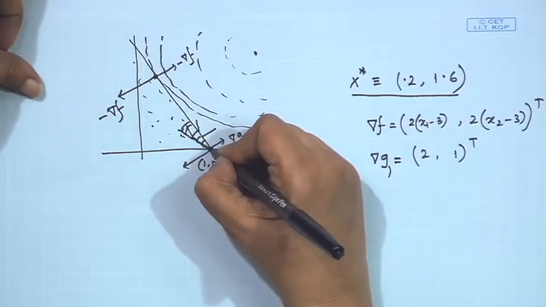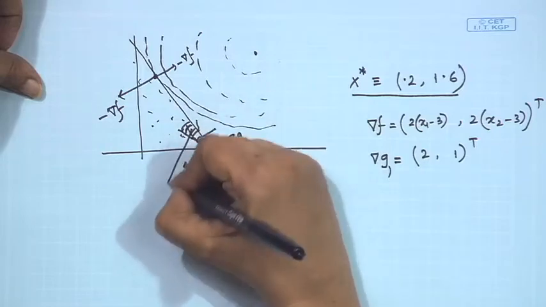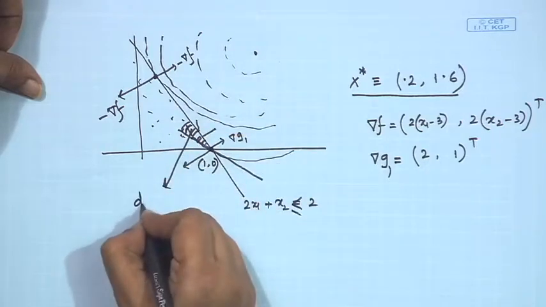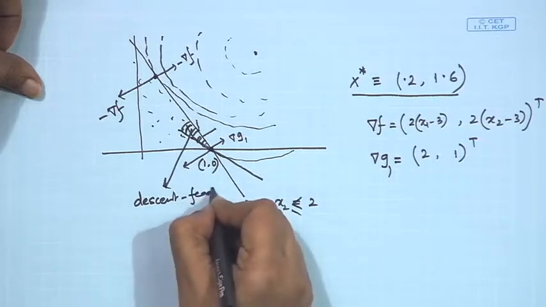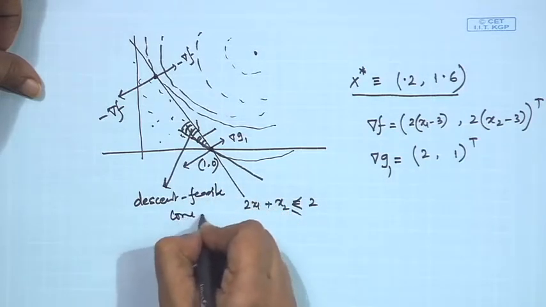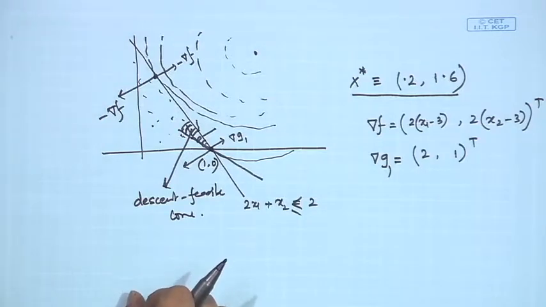Since we are interested to find out the descent feasible cone, that is why we have to consider the intersection of these 2 spaces, alright. Intersection of two spaces can only happen at this point, it will be this region only. That is why we can say this region is the descent feasible region, that is the cone. That was the question given to you, alright.